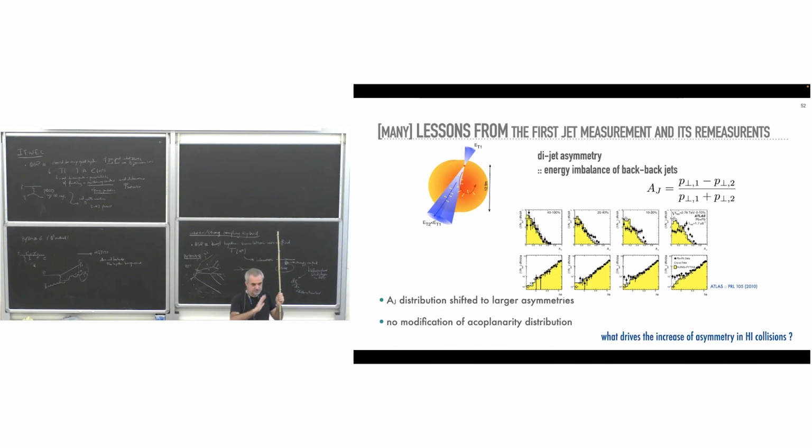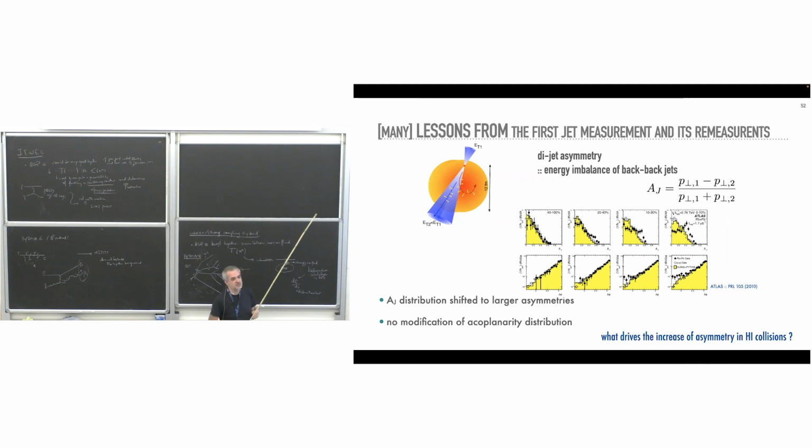That's just momentum conservation. So if I'm just calculating a 2-to-2 matrix element that produces my mother partons that I'll get jets from, asymmetry has to be 0. Okay, there is no asymmetry. So this was the first thing to be measured because lots of uncertainties cancel in this ratio, whatever, okay?